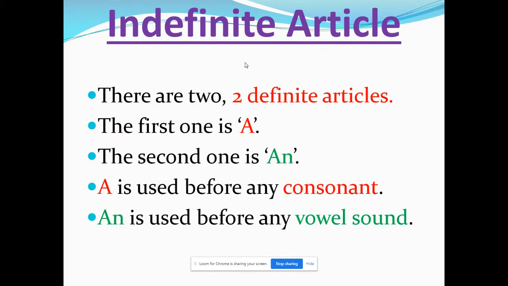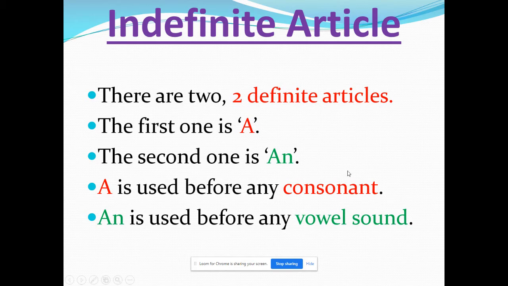Now in regards to indefinite articles, okay, which is the second type of articles we'll be discussing today because there are only two types of articles. The second one is the indefinite article. Okay, there are two indefinite articles. The first is a.